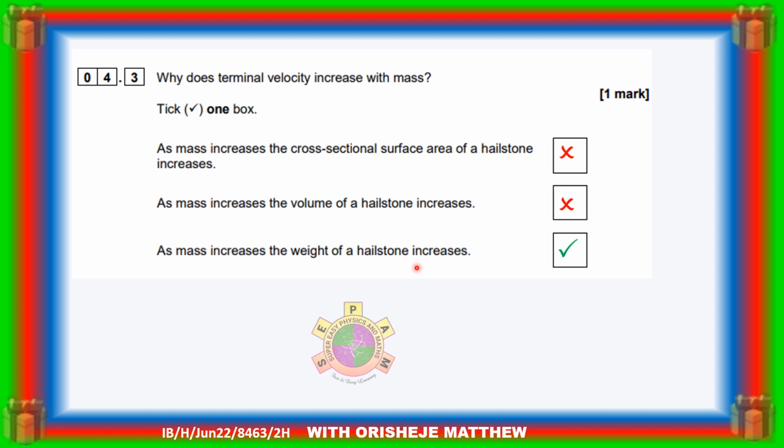So that is the correct answer, because it is the weight that is making it drop fast. So the terminal velocity has a relationship with the mass, and the mass is what produces the weight. So the correct answer to be ticked here is the third one.